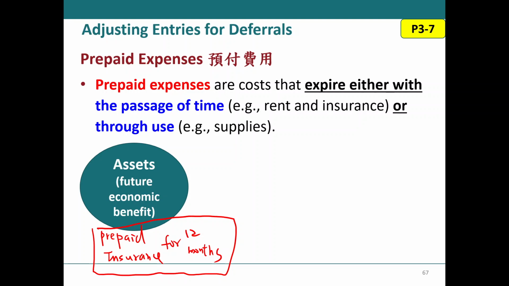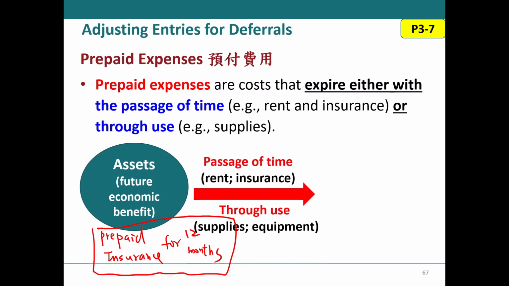Later on, what does it mean? Will you use your assets? Of course, yes, right? So when 1 month passed, you used your assets. So after 1 month passed, how much insurance do you still have? 11, right?